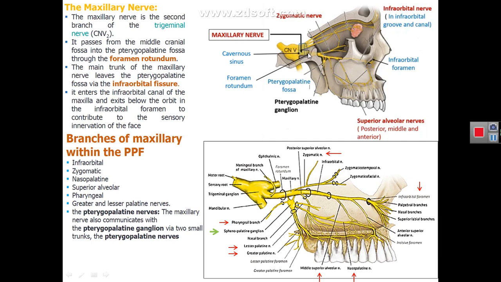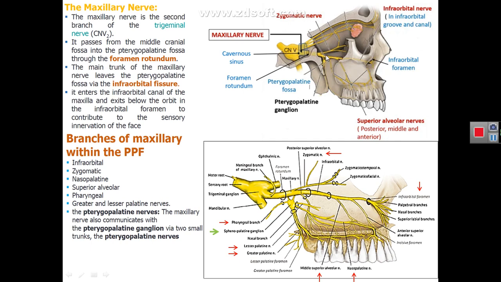It passes through foramen rotundum of the skull to enter the pterygopalatine fossa. And after leaving the pterygopalatine fossa, the maxillary nerve passes through the inferior orbital fissure that forms the upper boundary of the fossa to enter the orbit. And then inside the orbit, the maxillary nerve exits out the infraorbital canal to supply the skin of the face below the orbit.